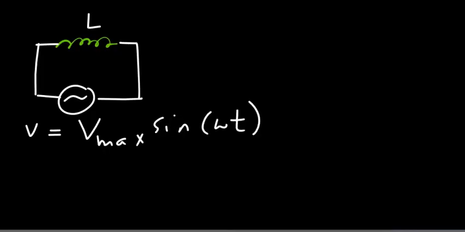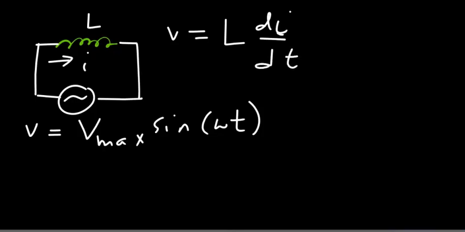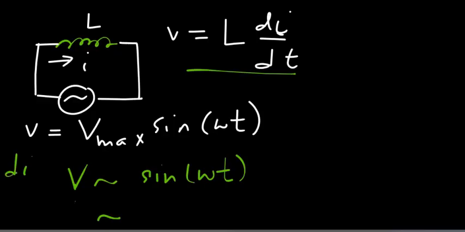The current through the inductor is related to this voltage output in the following manner: V equals the inductance of that inductor times di dt. So you see the V is related to sine omega t, and from this equation di dt also varies as sine omega t.